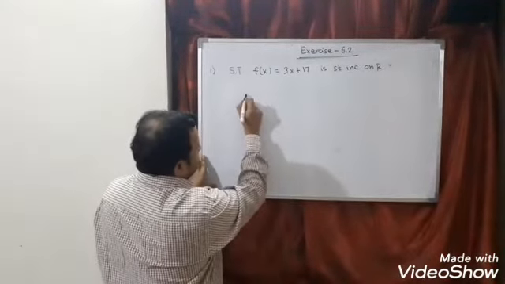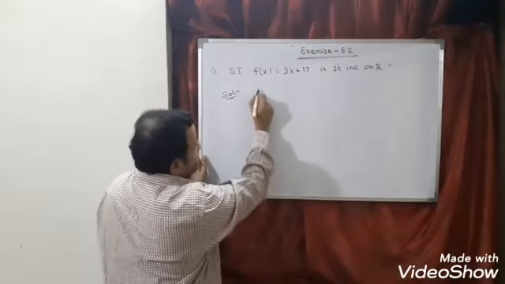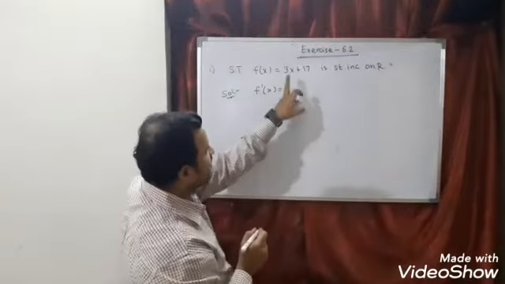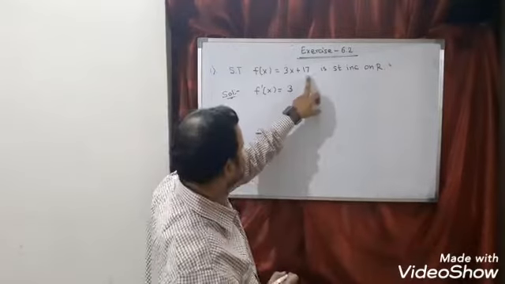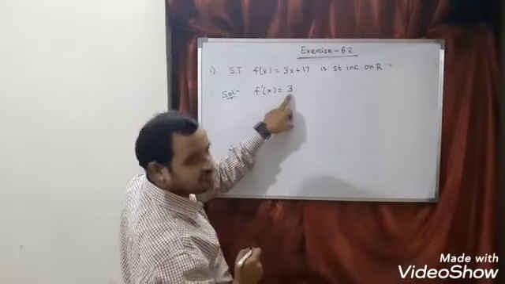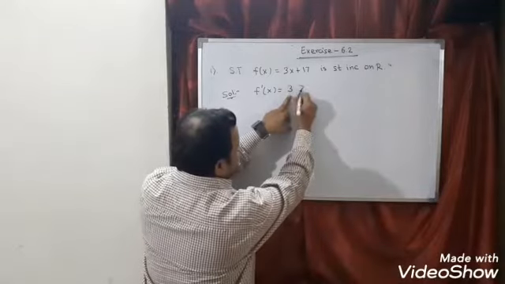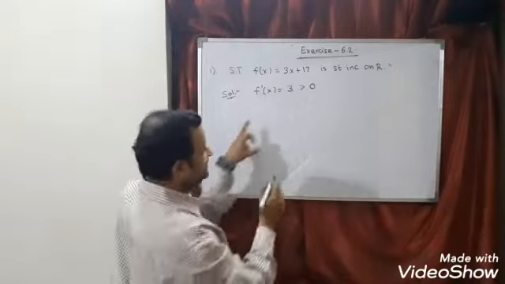So tell me, find f dash x. f dash x is nothing but the differentiation of 3x, which is 3. Differentiation of 17 is 0. Now f dash x equal to 3. Is 3 positive or not? So 3 is positive, I can say greater than 0. f dash x greater than 0.